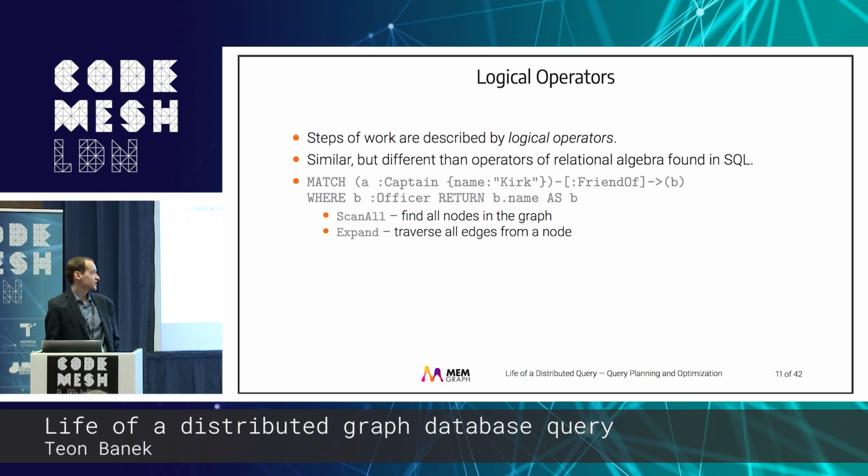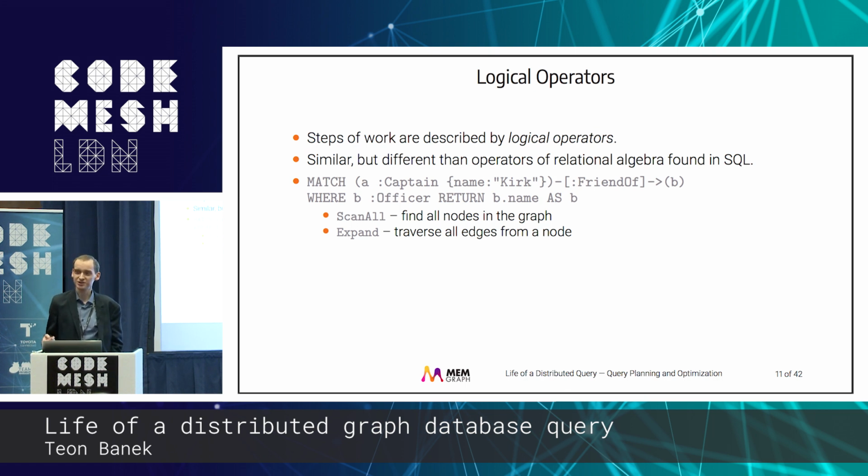The next one is expand, because we want to expand to outbound edges from found nodes to some destination. But as this is a distributed context, the destination may be either on the machine executing the expand or on some other worker machine. And in such a case, expand will perform communication with other storages if it needs to find the destination node.